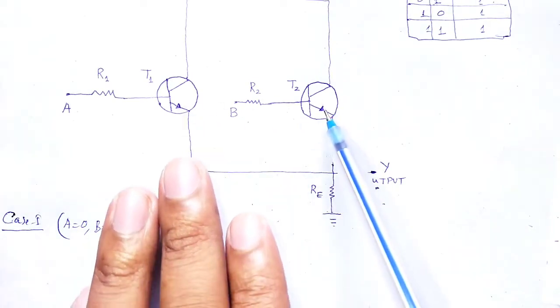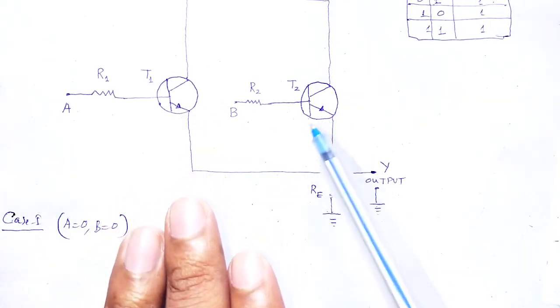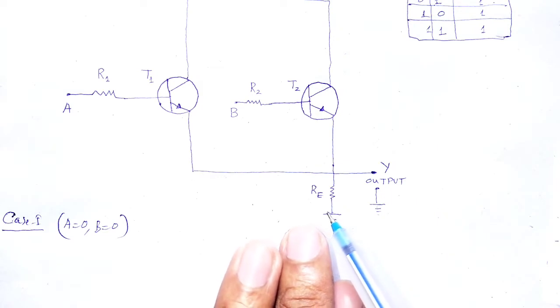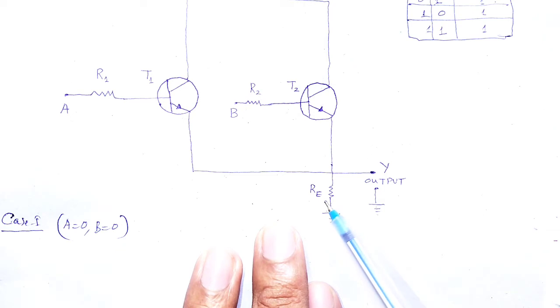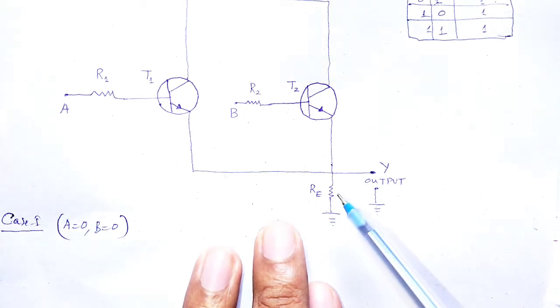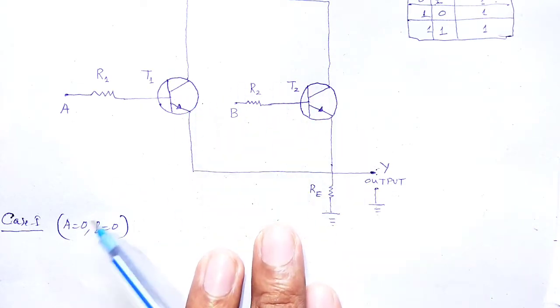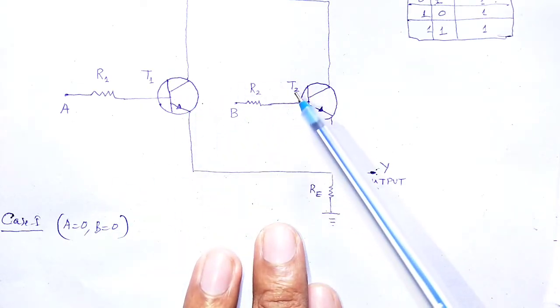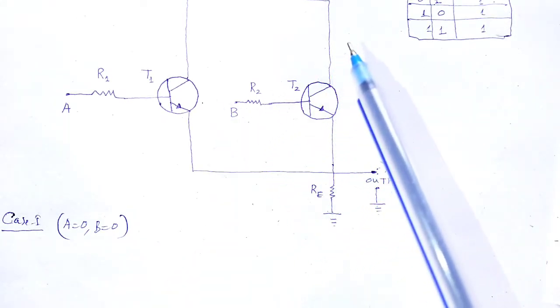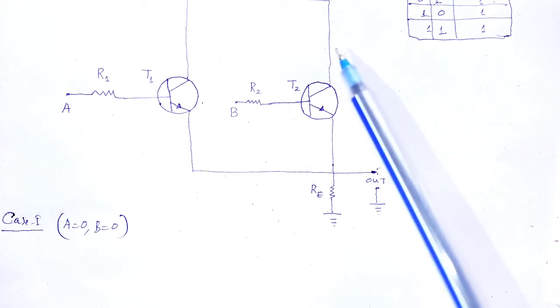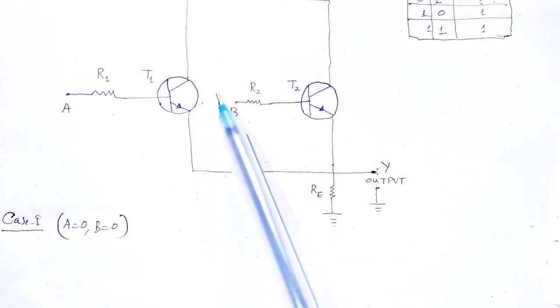The emitters of the transistors are connected to ground through the resistor Re, and the output is taken across the resistor. Both the inputs are low, 0 0, which turns the transistors into cut-off conditions. They are switched to the off position.